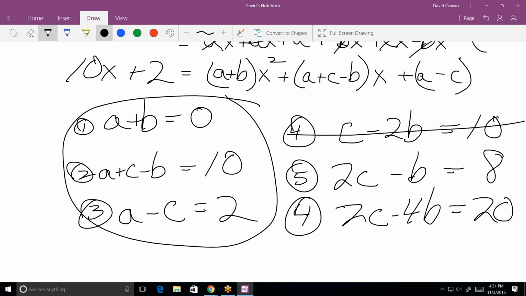Now let's do 4 minus 5. I think it's negative if we do 4 minus 5, because it would be minus 4b minus a minus b. So it'd be negative 3b. Yeah, negative 3b equals 12. So b equals negative 4.